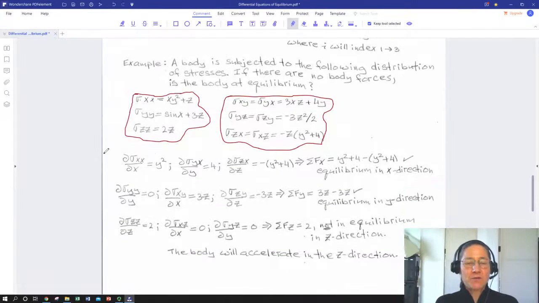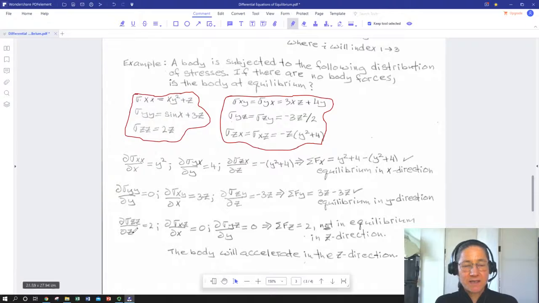So if we just crank through this, we would start by taking the first derivative with respect to x of sigma xx, with respect to y of sigma yy, and with respect to z of sigma zz. That's that first component of each of our conditions of equilibrium.